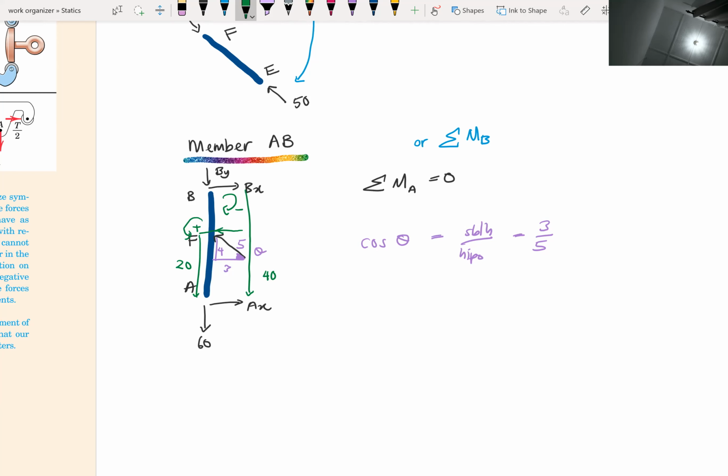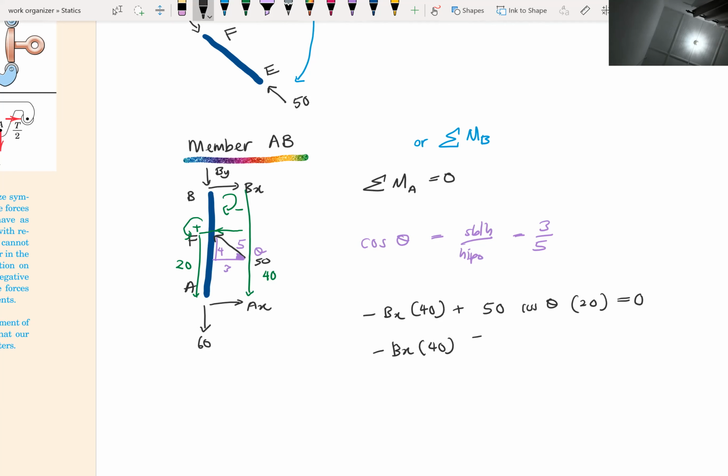So now we write the equation. So we have negative Bx, 40, and then we have positive. The value of the force here is 50, right? Forgot to write down. So 50 cos theta, and then multiply with 20 equal to 0. Simplify.